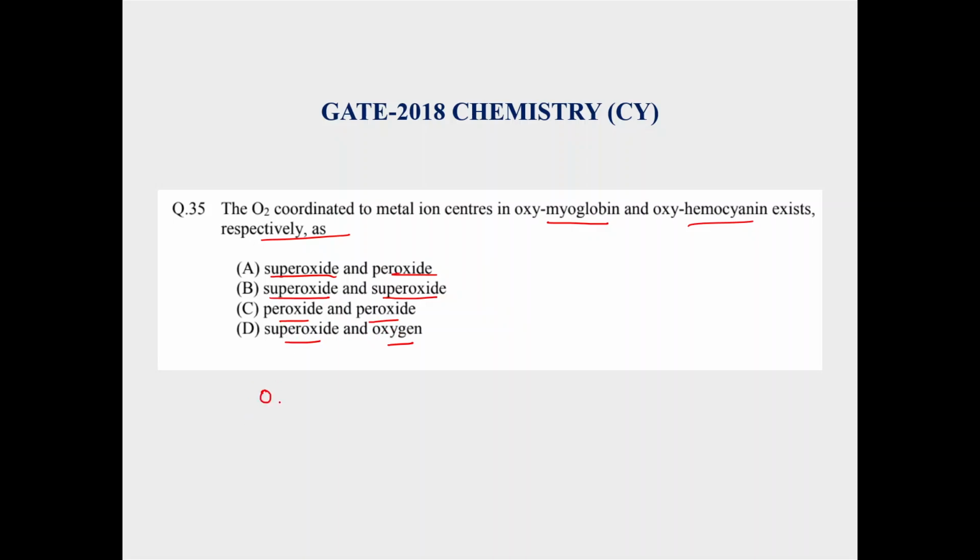First of all, oxygen means O2. Superoxide means it's O2 minus, and peroxide is O2 2 minus. So they are asking how it is coordinated in oxymyoglobin and oxyhemocyanin.